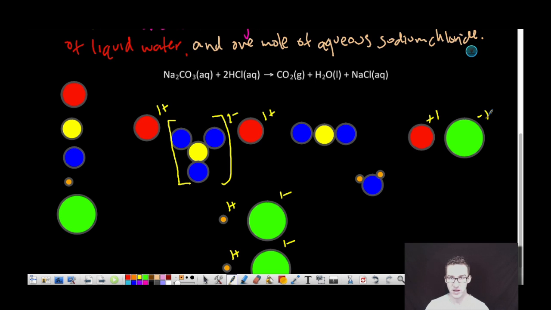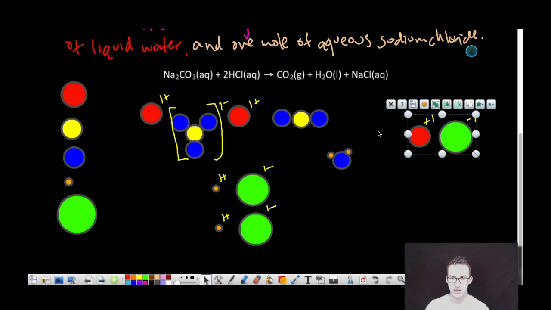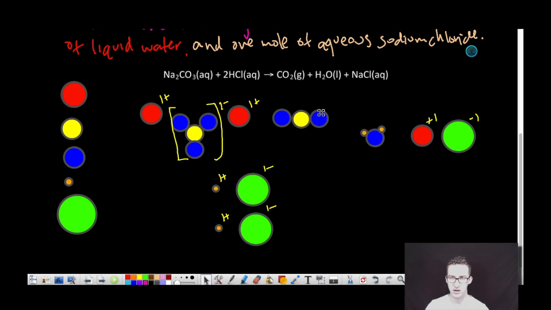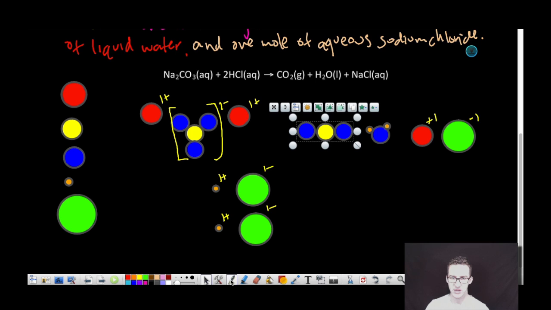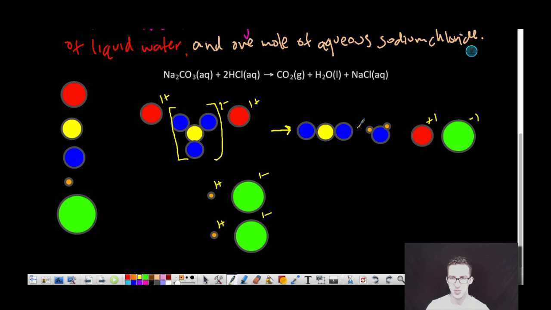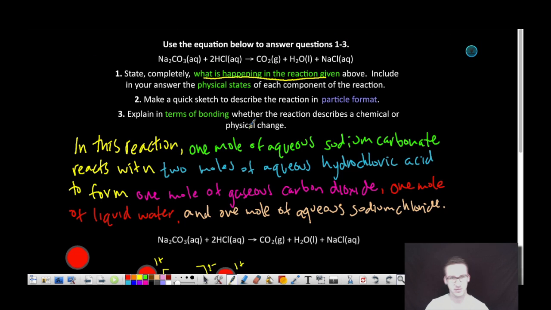And so here we've got a particle representation of what's going on in this chemical reaction. I'm just going to clean this up a little bit, make it look more like our equation in written format. I'm going to give us a little arrow in here to separate our reactants from our products, and put a few plus signs in here to represent our chemical equation in particle format.